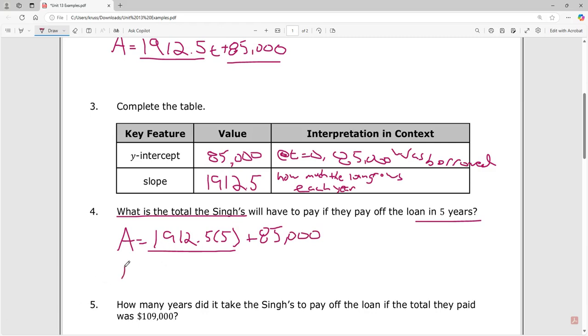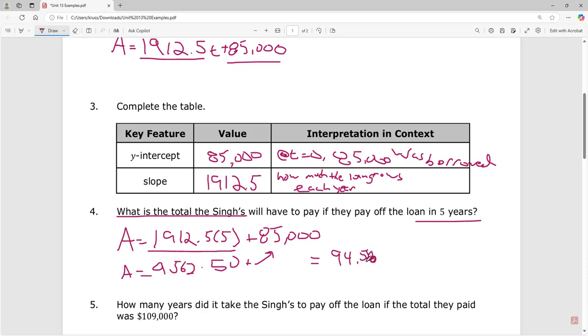So if I multiply those two together, it's going to be equal to $9,562.50.